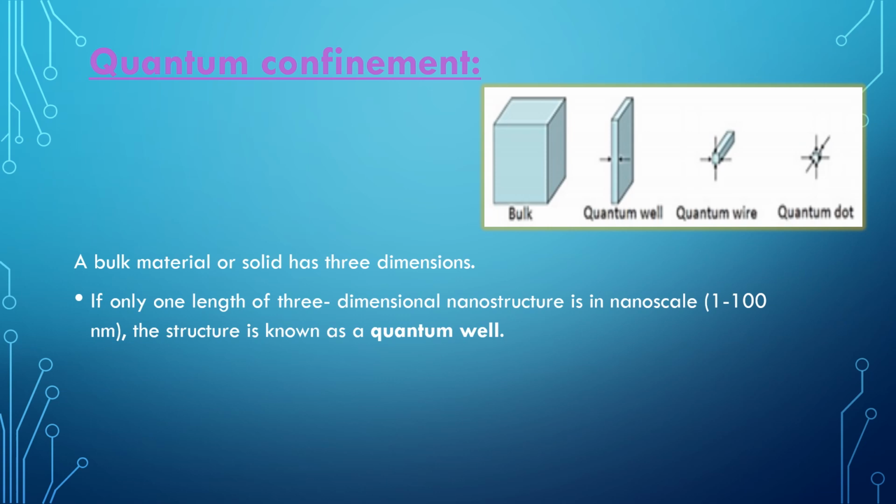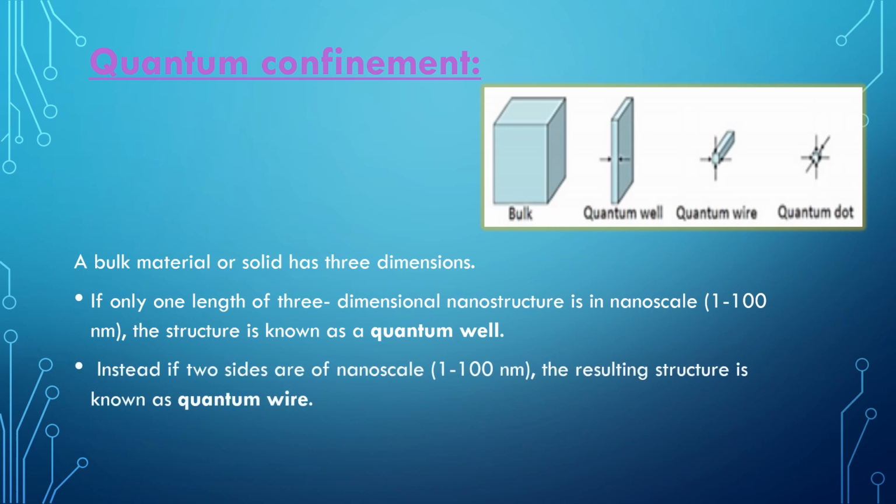Next, if two sides are of nanoscale, between 1 to 100 nanometer, the resulting structure is known as a quantum wire.